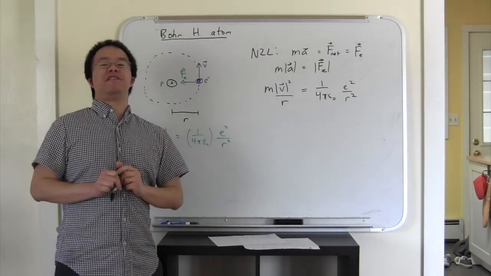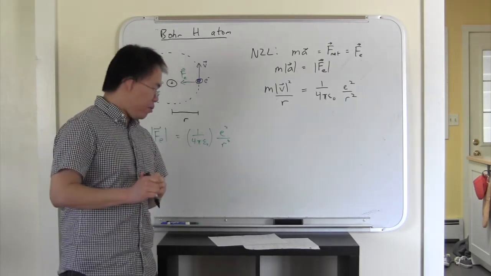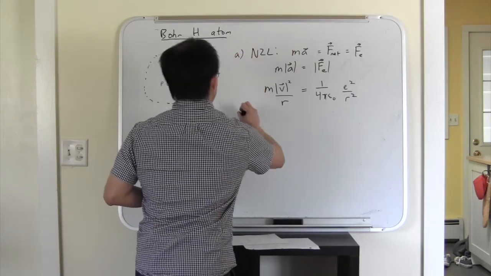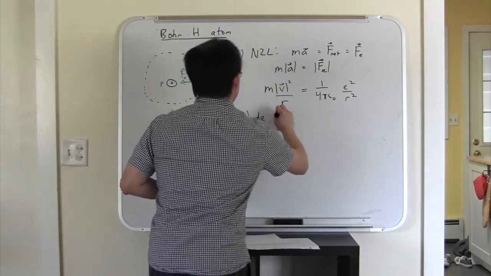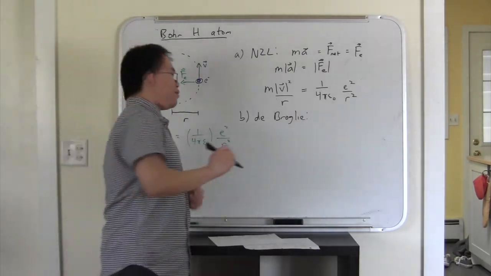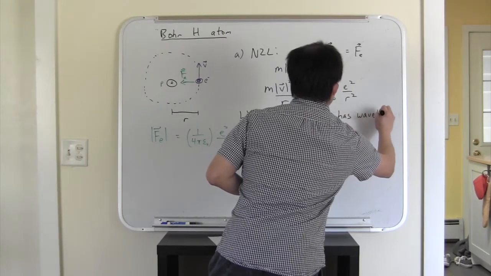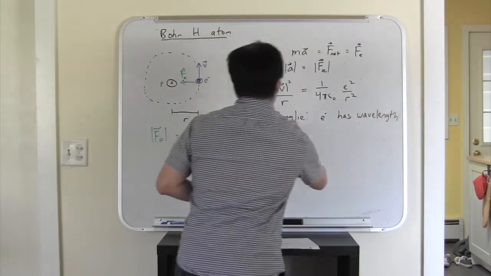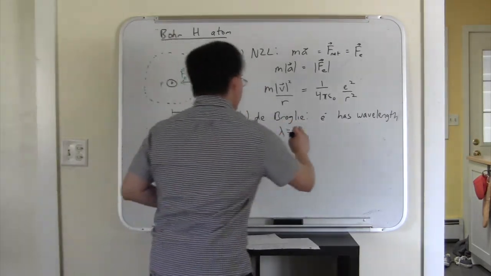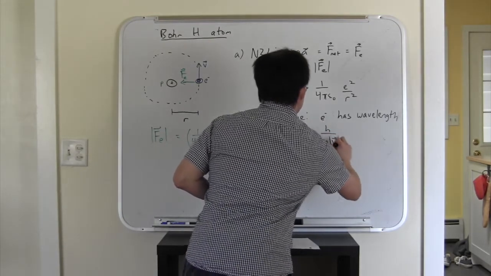The second ingredient is some early quantum ideas, namely the idea of the de Broglie wavelength. So let's call that A. De Broglie says that the electron has a wavelength lambda equals h over p, or h over m v.